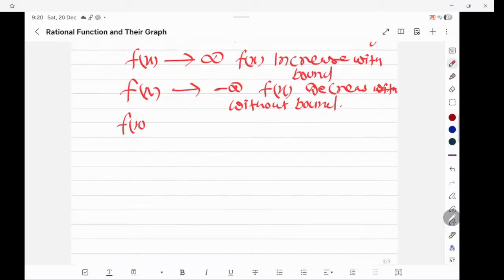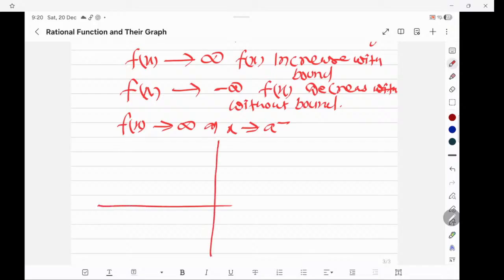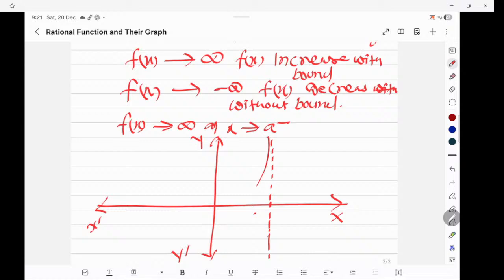How does f(x) approach it? If f(x) goes to infinity as x goes to a minus, then if you draw here the x and x dash axes, and y and y dash, at x equals a you draw a dotted imaginary line, and you draw the curve like this. That means the approach to x equals a is from the left side.